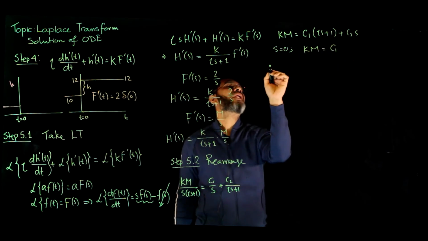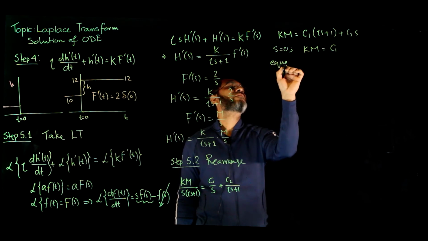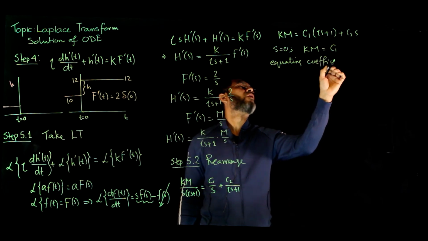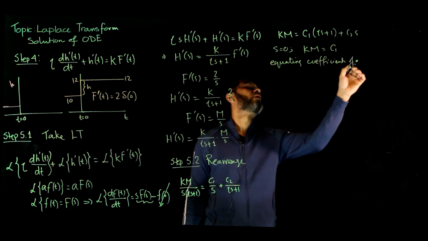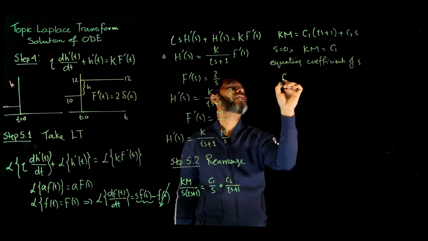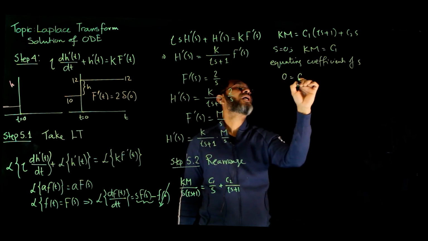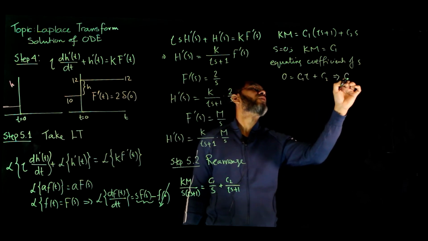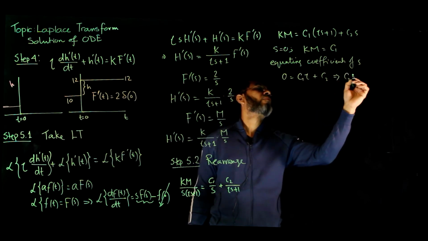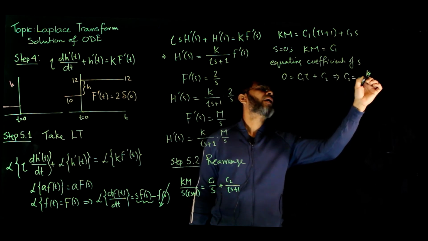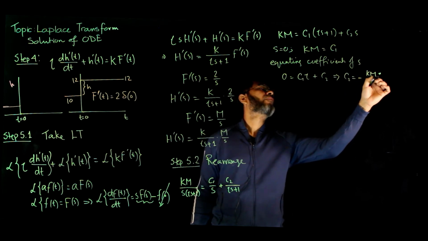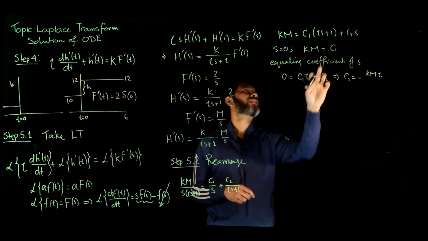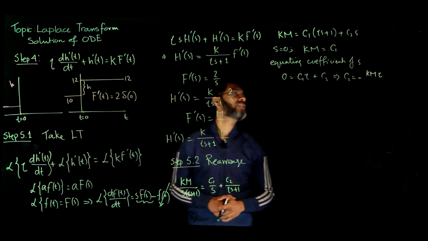Then equating the coefficients of s, on the left hand side there is no s, so this will be c1 tau plus c2 equals 0. So c2 equals negative c1 tau, or negative km tau.